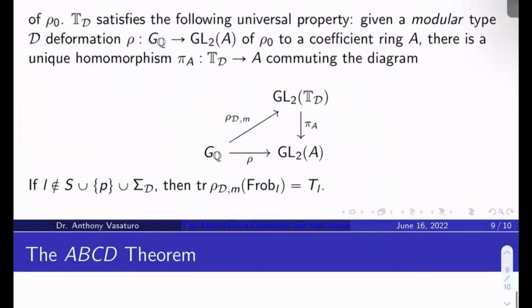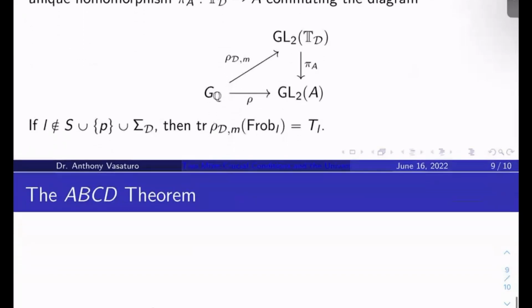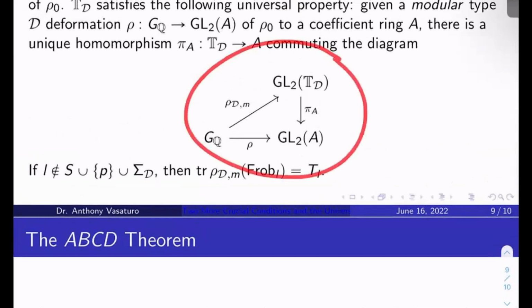In other words, it's got the exact same universal property that R_D had, but it only applies to modular deformations of ρ₀ that are type D, not just arbitrary type D deformations of ρ₀. And we can even be a little bit more specific.